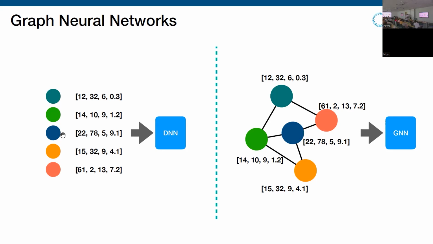Traditional deep neural networks cannot leverage this graph information to further boost their performance. That's why in 2017 a new thing was created, called graph neural networks. This model is able to learn the features of each node, that's the old part, but also incorporate the connections among different nodes. So that's the fundamental difference between GNNs and DNNs.